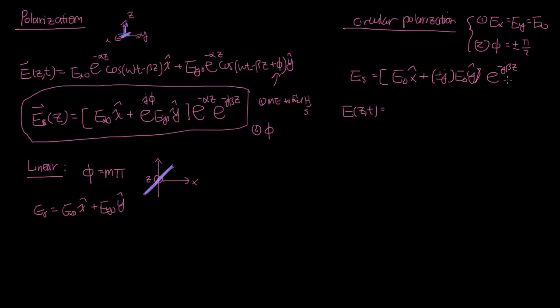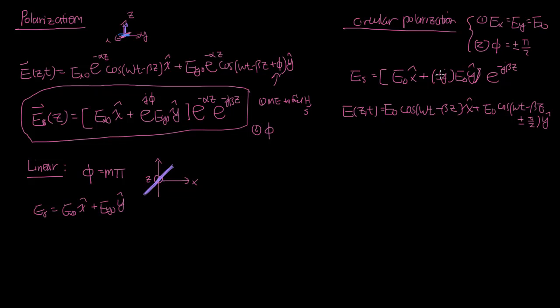So to do the instantaneous form, you would multiply by e to the j omega t and take the real part. So you'll find that you get E naught cosine of omega t minus beta z for the x component, and then E naught cosine of omega t minus beta z plus minus pi half for the y component. And remember that if you do plus minus pi half, you can also rewrite this as positive or minus sine, right?